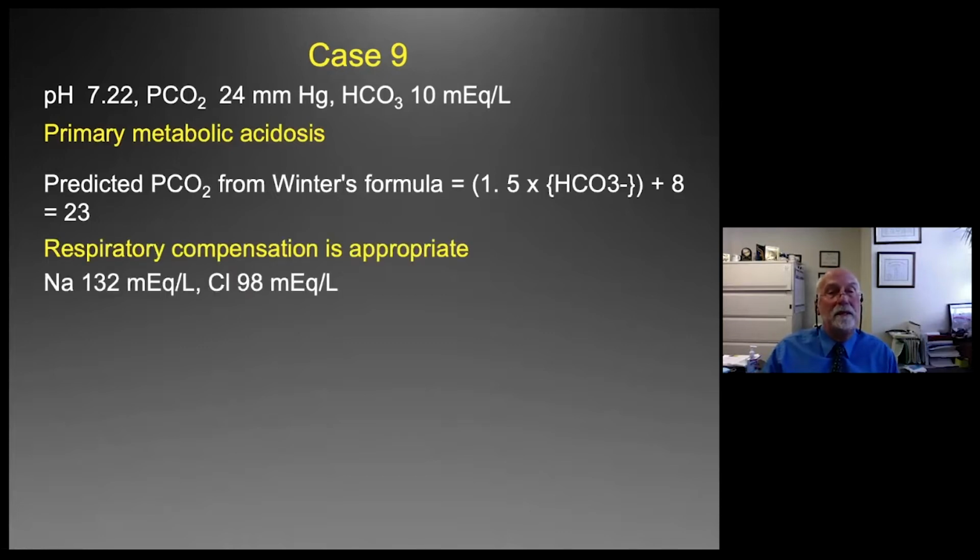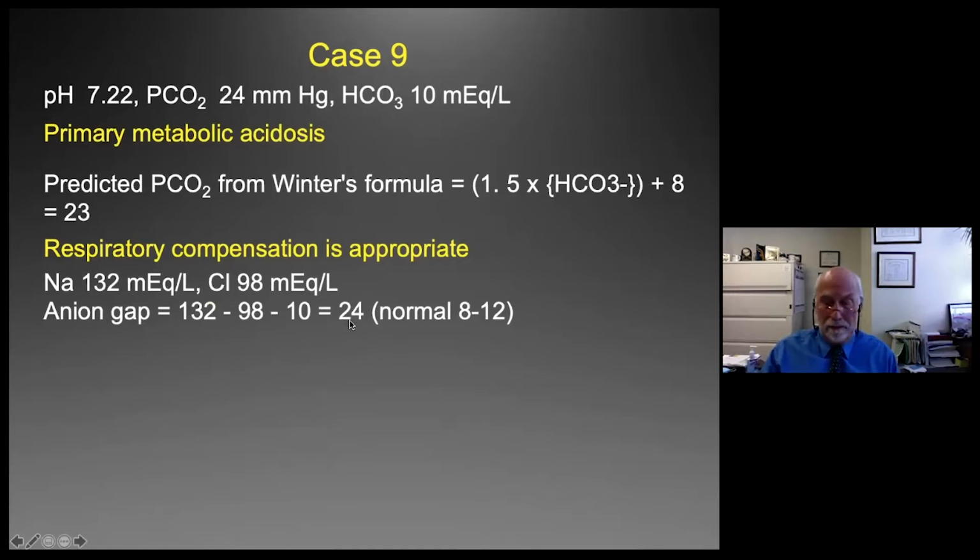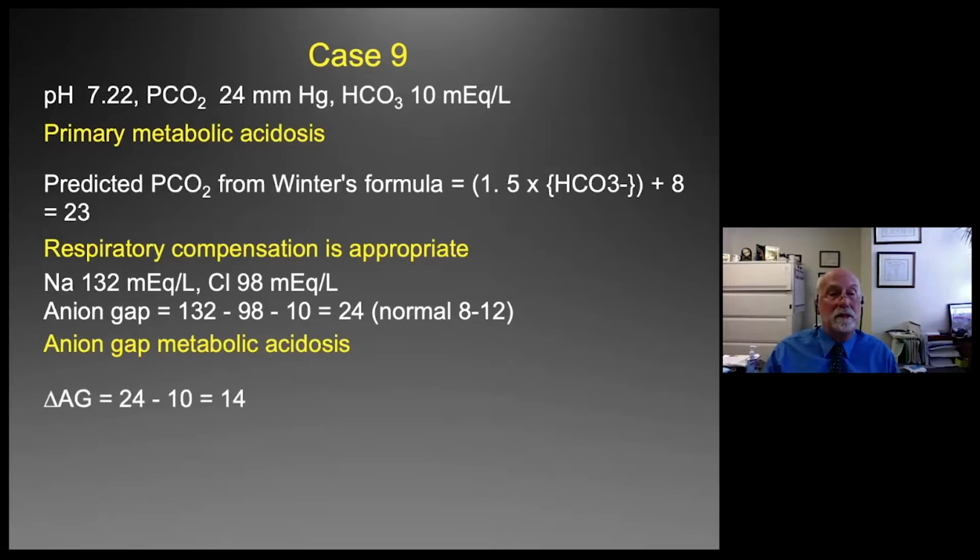And then you want to look at that acidosis and decide whether it's an anion gap or a non-anion gap. And you find that it's quite elevated at 24. So he has a metabolic acidosis that's an anion gap acidosis.